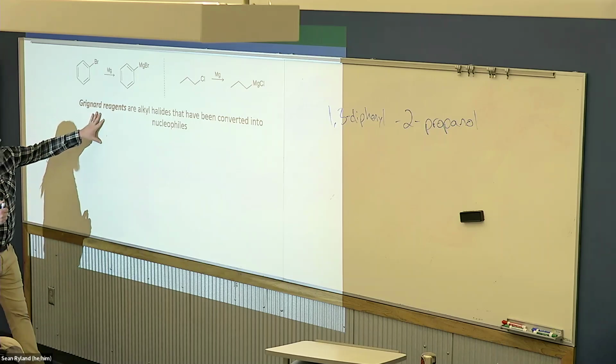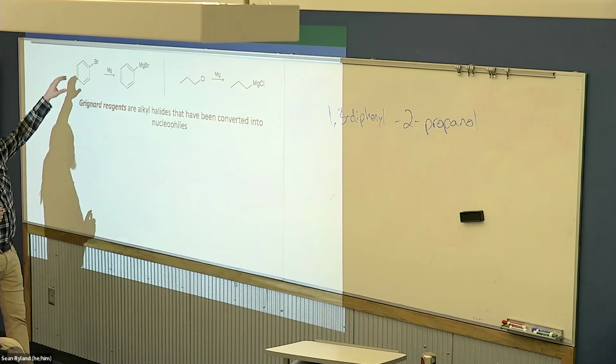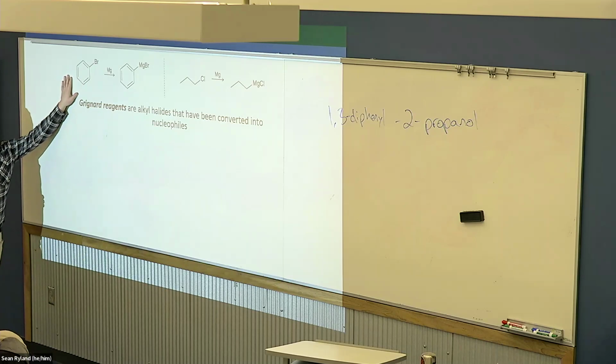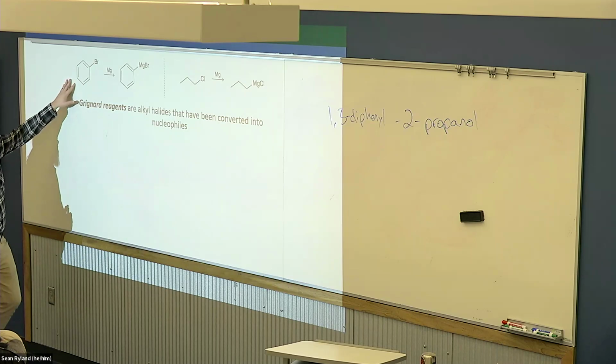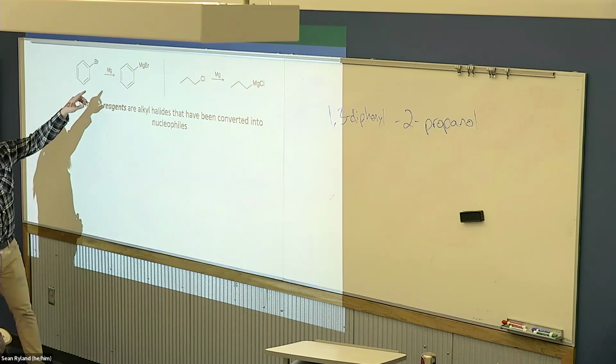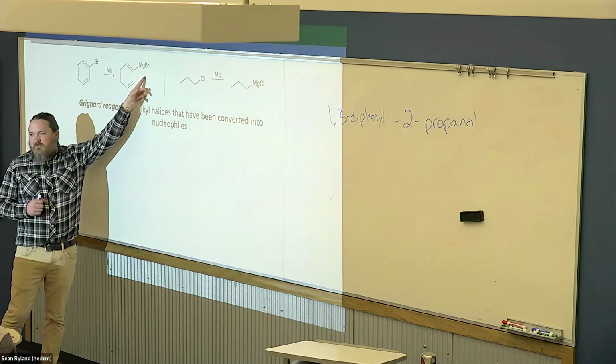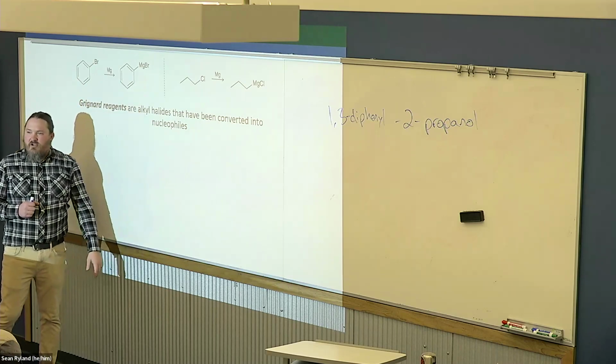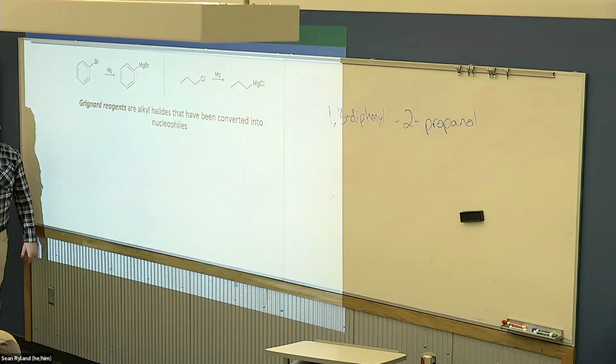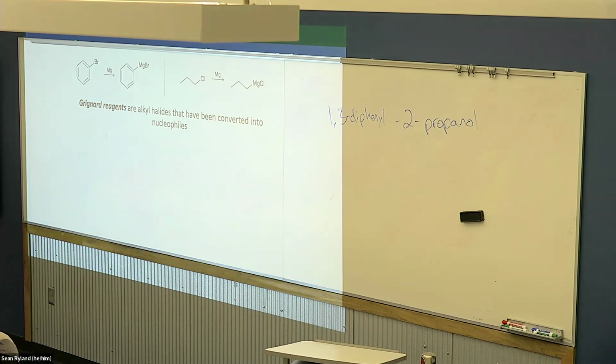And what he figured out is if you take pretty much any alkyl bromide and expose it to metallic magnesium, you make this weird intermediate where you basically insert the magnesium between the carbon and the bromine. So a little bit like the hydroboration step, where we basically inserted an oxygen in between the carbon and the boron, once we added our oxygen source.